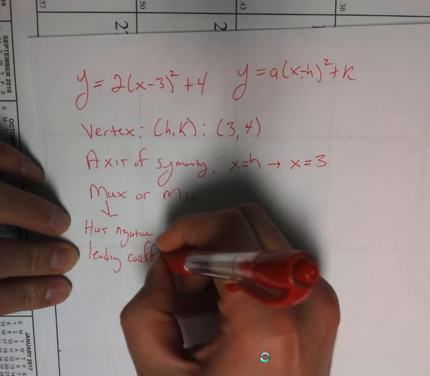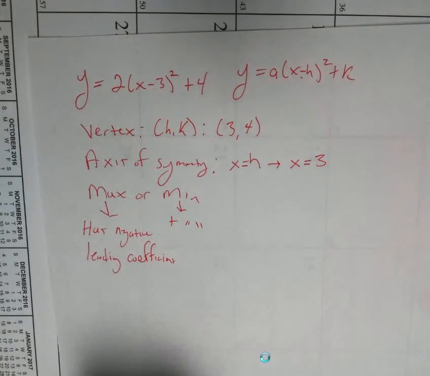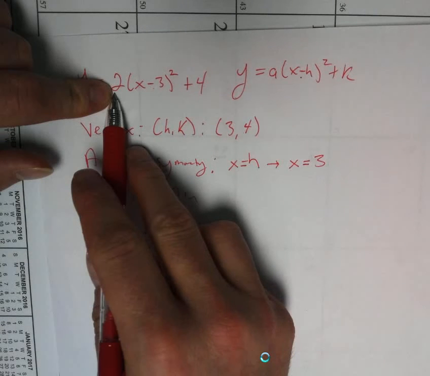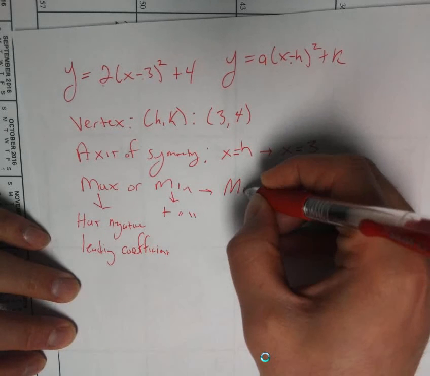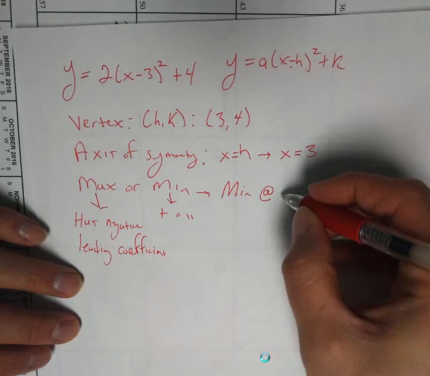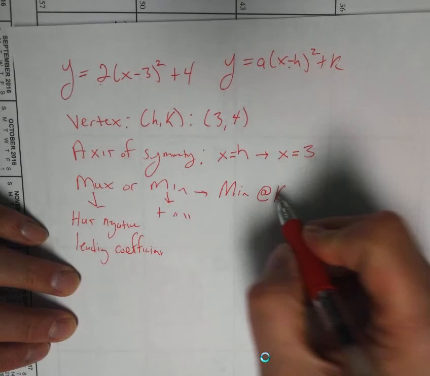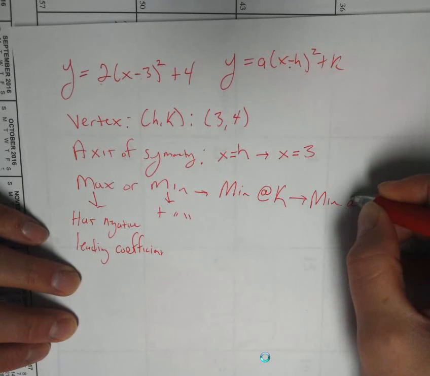Okay, min would have a positive leading coefficient. So in this case, we take a look at our leading coefficient. It's 2. Alright, so that means it's a min. So this is going to be a min at, and then it's at k. So in this case, instead of putting a k here, we're going to say a min at 4.